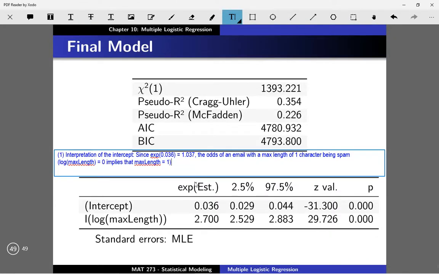And the probability of an email with a max length of 1 character being spam is about, and important to note, it's the estimated probability.